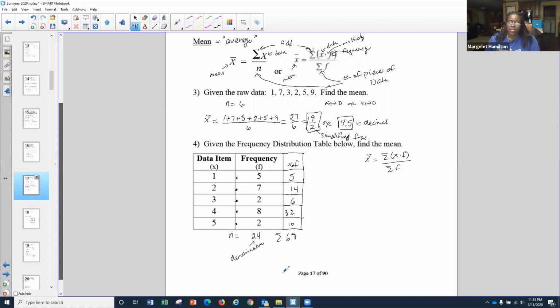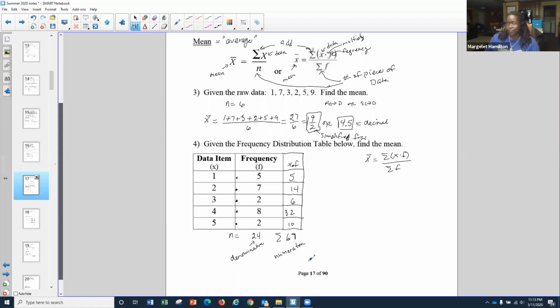All right. So the total of this column is 67. This is our numerator of our fraction. So now we have the top and the bottom. Now we can fill it in and we can find out what our mean is going to be.